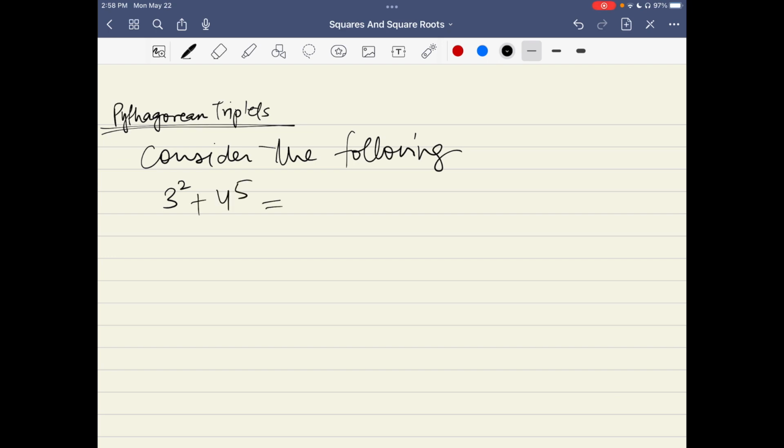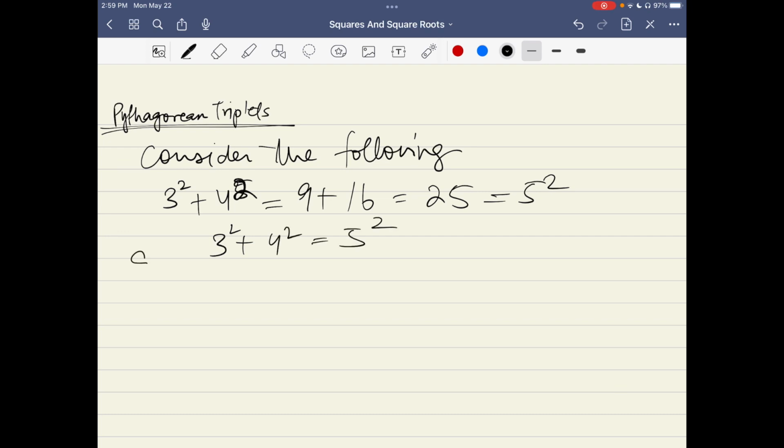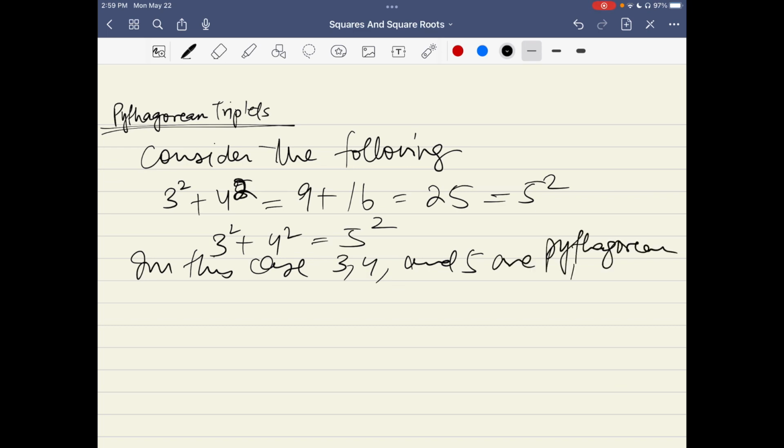What is it? 9 plus 16, which is what? 25, which is actually 5 squared, right? Therefore, we can say that 3 squared plus 4 squared equals 5 squared, right? In this case, 3, 4, and 5 are Pythagorean triplets. Okay?